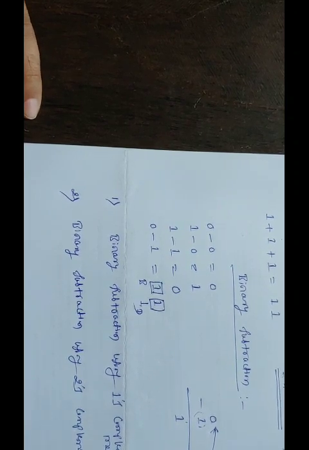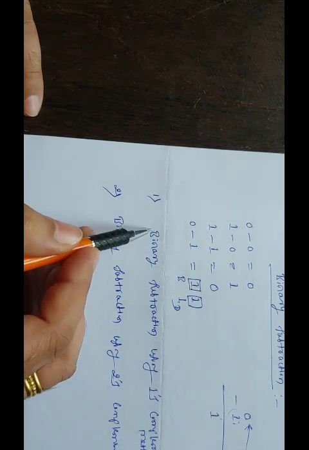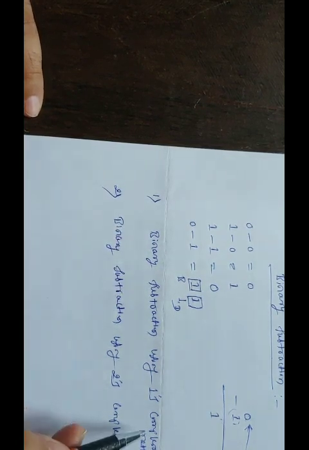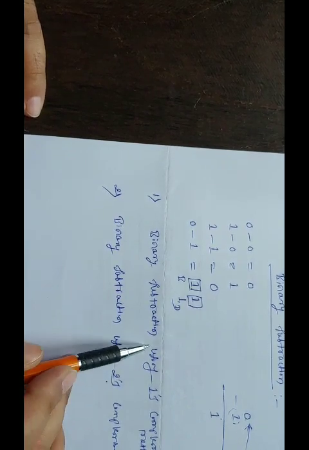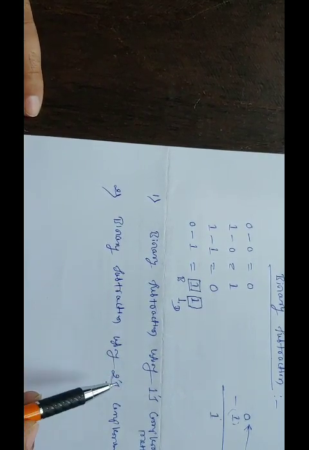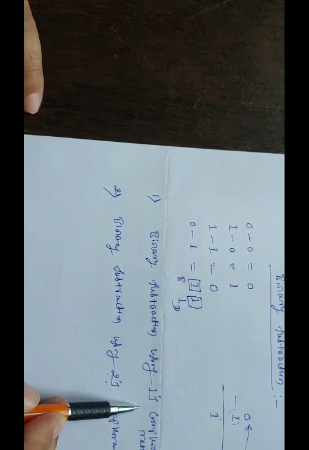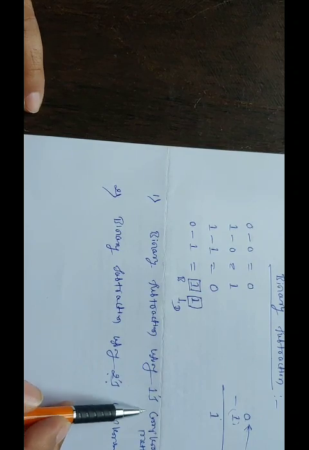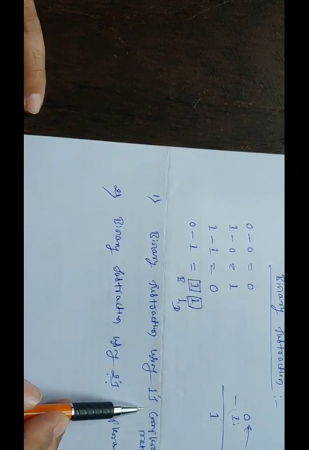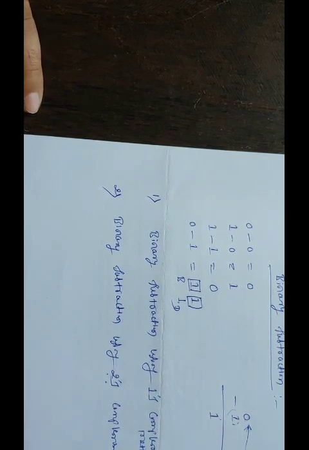We are using these two methods. In short, regarding binary subtraction using 1's complement and 2's complement, we are performing an addition operation but we are getting a subtraction result. That is the main advantage of these methods, because for the computer it becomes very much easier. That's why we are following these two methods.